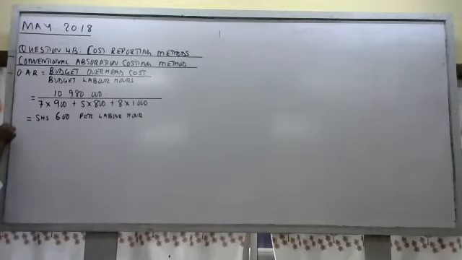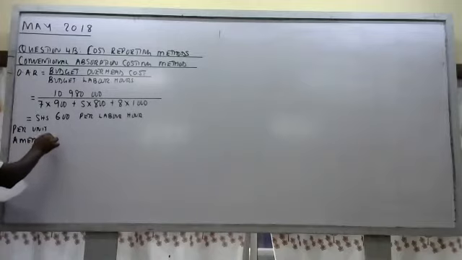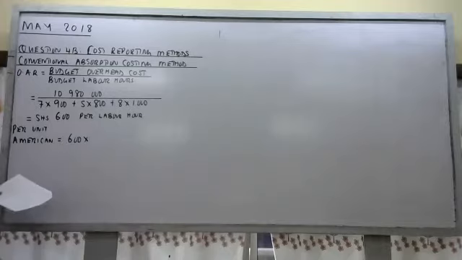Then per unit, we start with American. If we start with American, you will say 600 times 1 American is taking 7 hours.